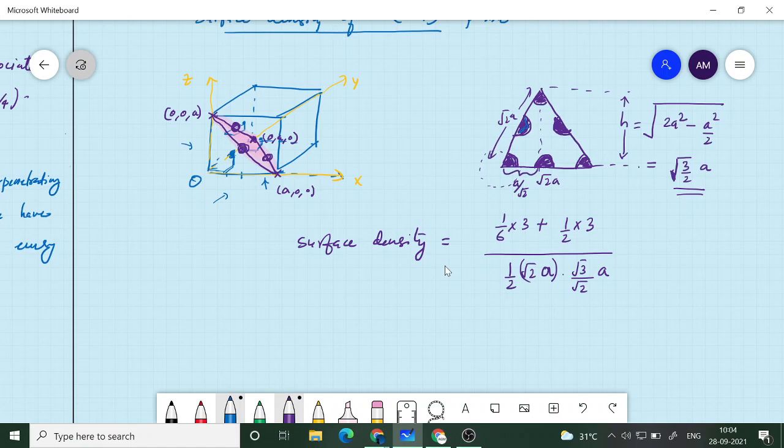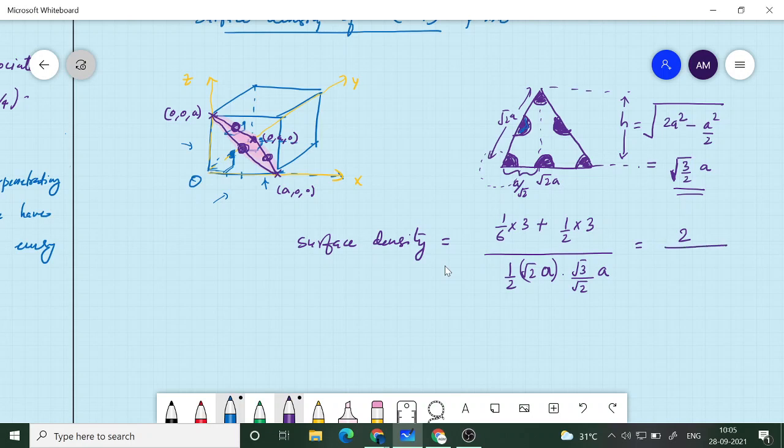So that will be equal to, half plus 1.5, which is 2.